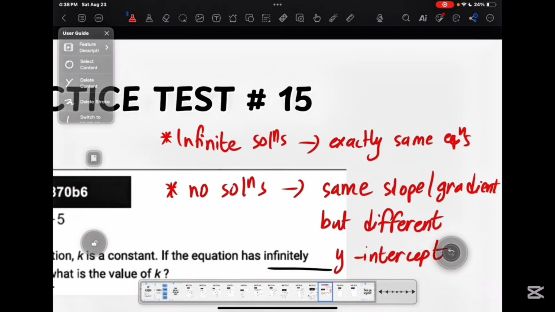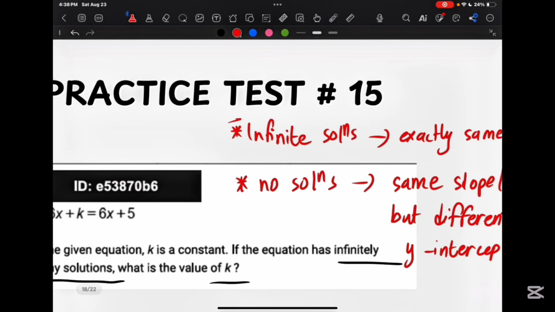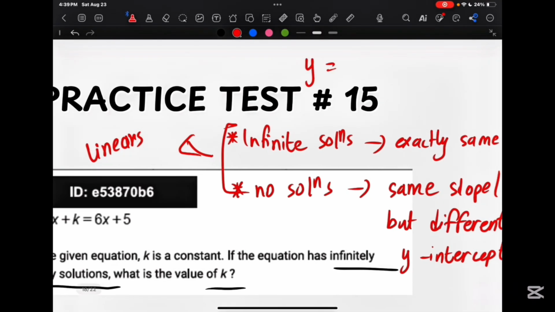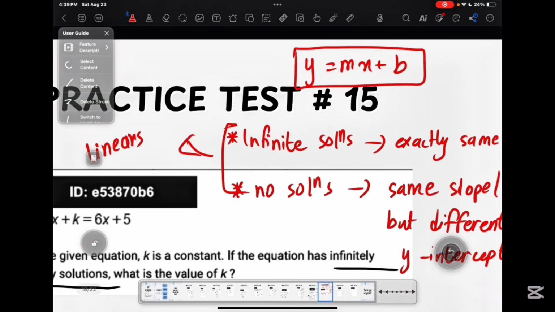Okay, and by the way, these 2 rules are true for linear equations. And I already explained to you guys what a linear equation is. A linear equation is basically this. This is the linear equation formula.